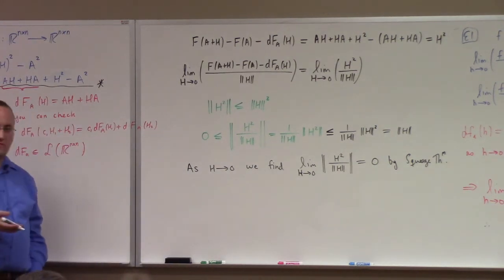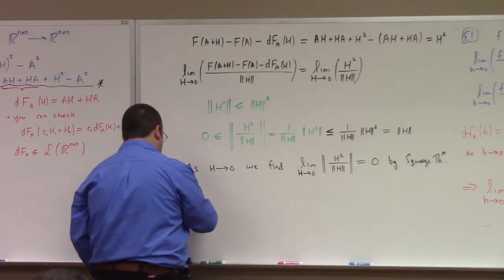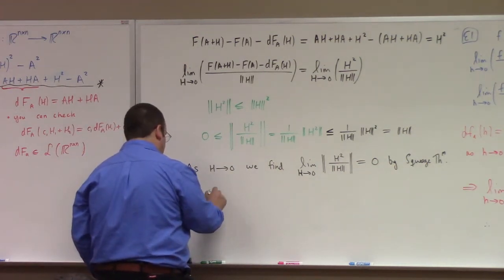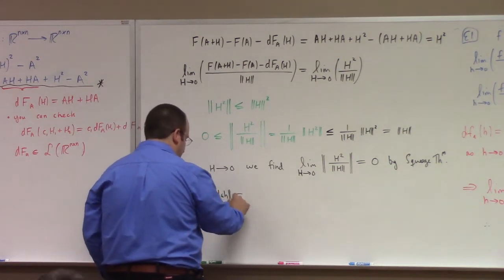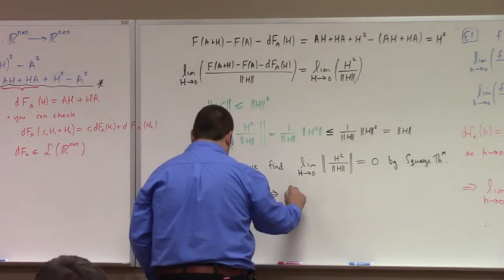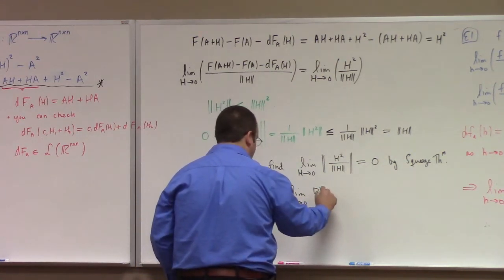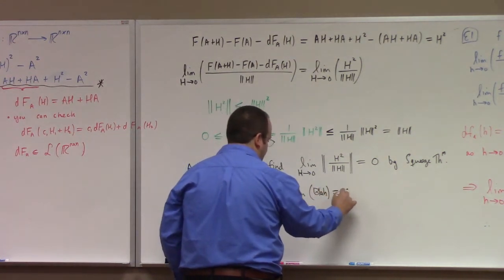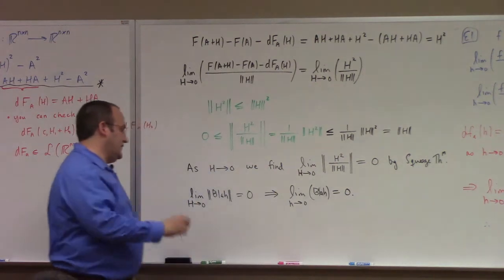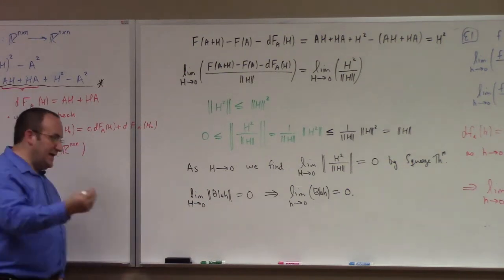But then there's another wonderful thing, which is if the limit as h goes to 0 of the norm of something equals 0, that implies that the limit as h goes to 0 of that something is also 0. So if you can show that the limit of the norm of something goes to 0, it implies that the limit of the thing itself is 0.